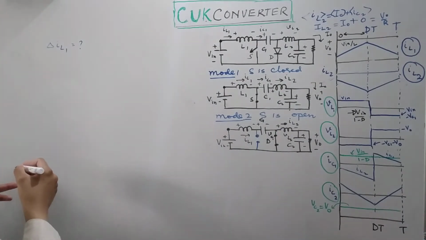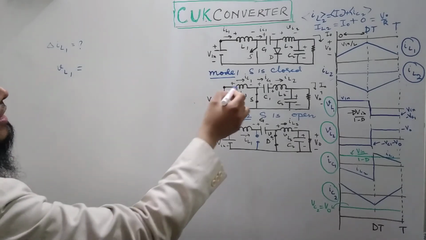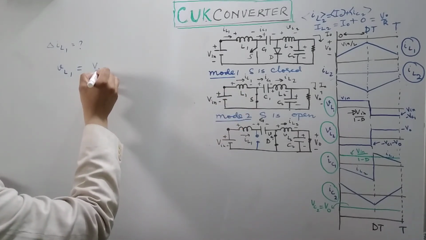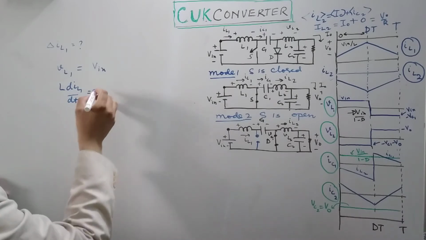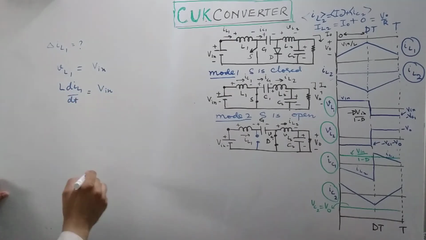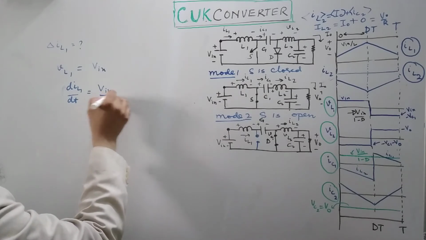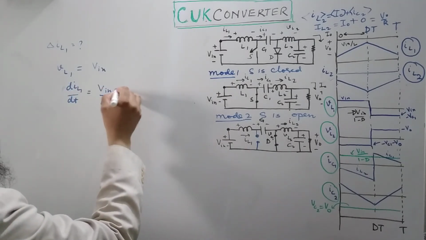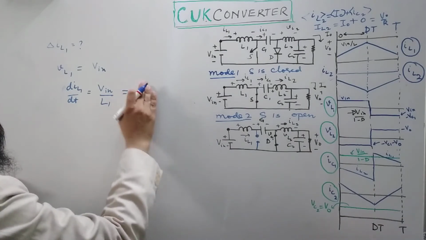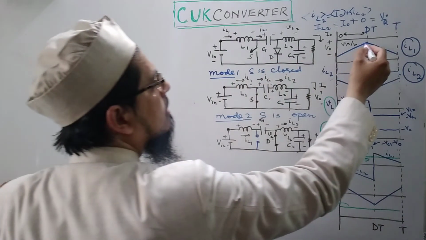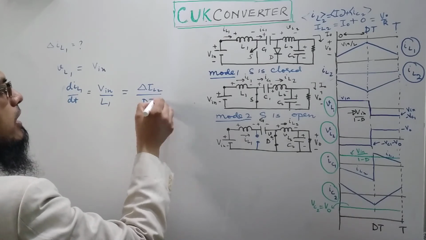So VL1 is equal to Vin, so L1 dIL1 by dt is equal to Vin, and since the instantaneous and average values will be the same, from 0 to dT the change in inductor current would be this value minus this value, which is basically delta IL1 divided by the time taken, which is dT.